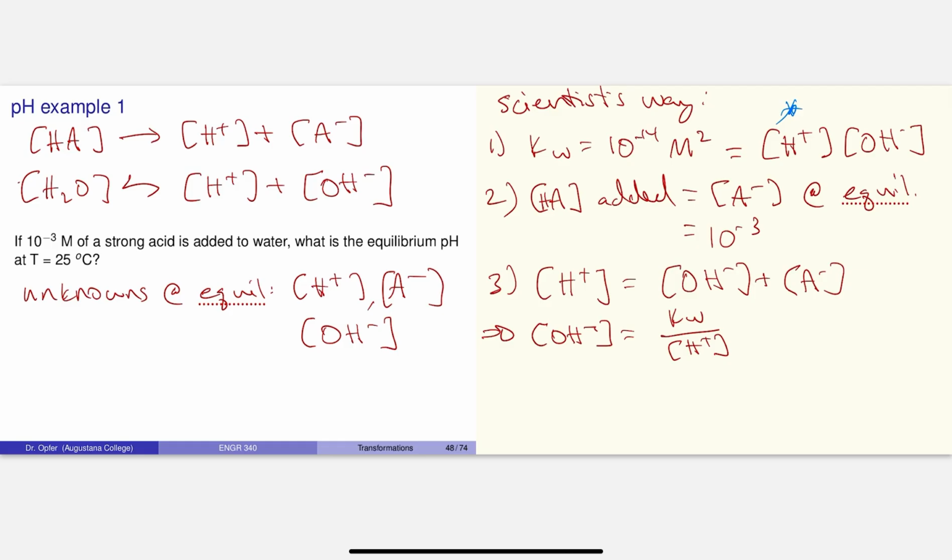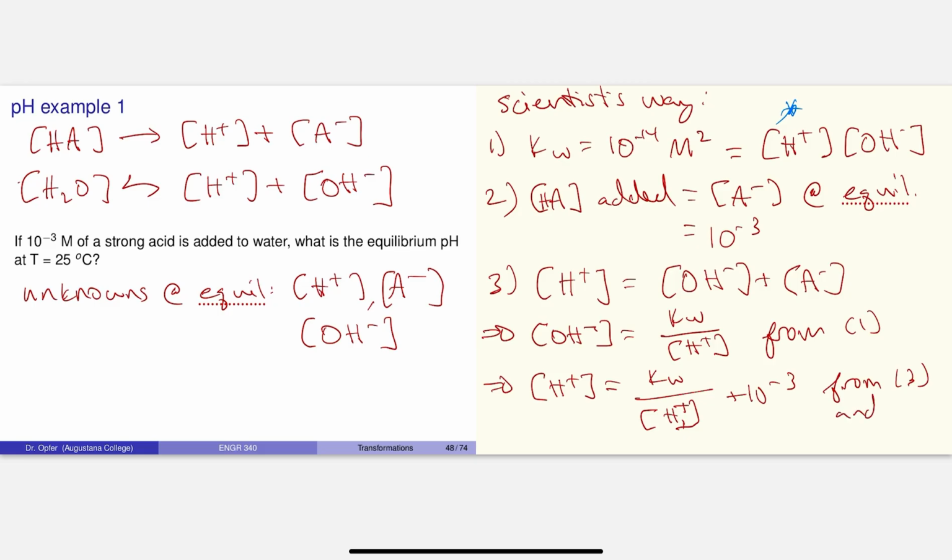And then if we plug that into 3, we're going to have H plus equals KW over H plus, plus our conjugate base, which we know is 10 to the minus 3. So this is from 3 and 2, technically.